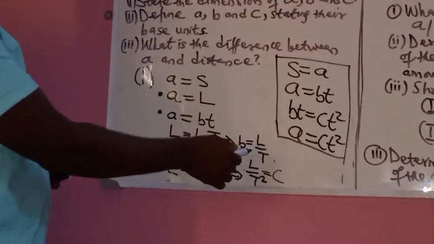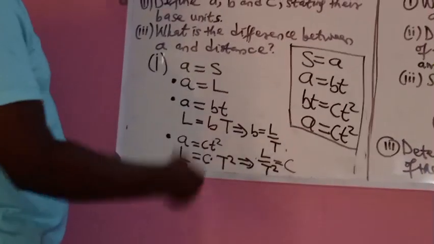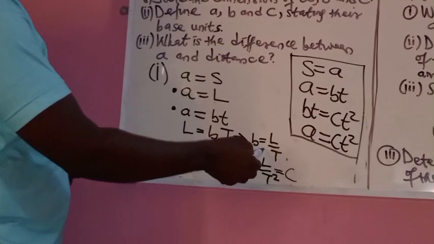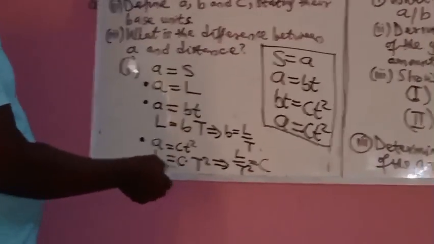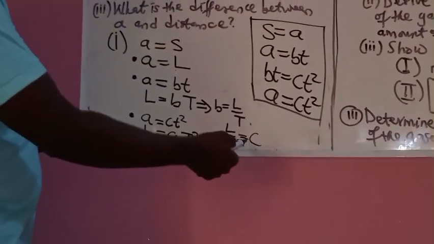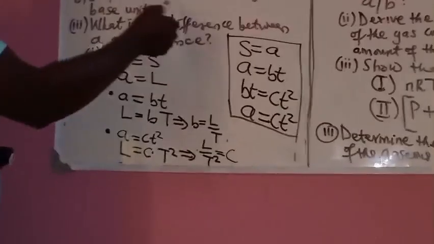B is velocity. Change in displacement or rate of displacement. The rate of displacement is velocity. Then acceleration is the rate of velocity or change in velocity per time. That is acceleration, C. Now, the same to state their base unit.